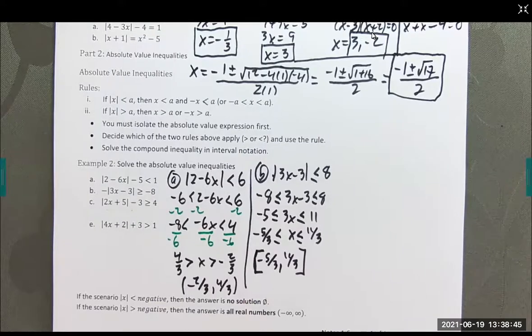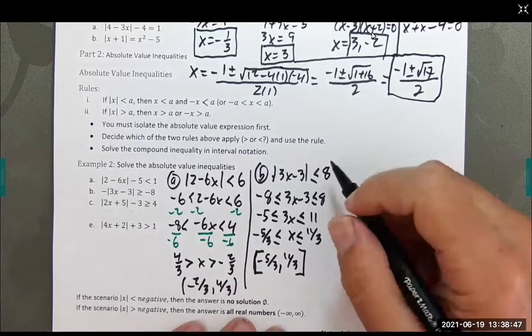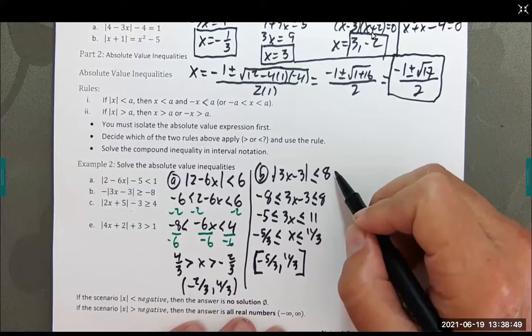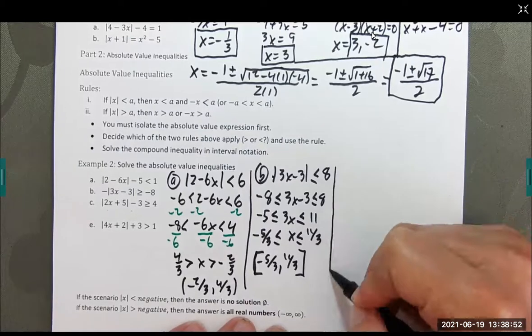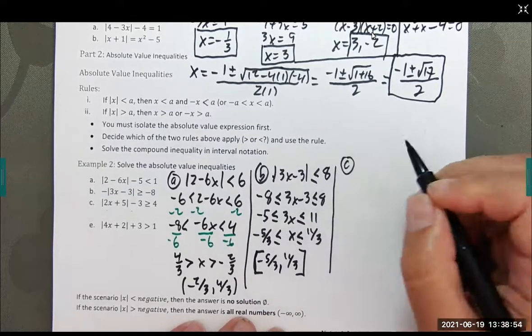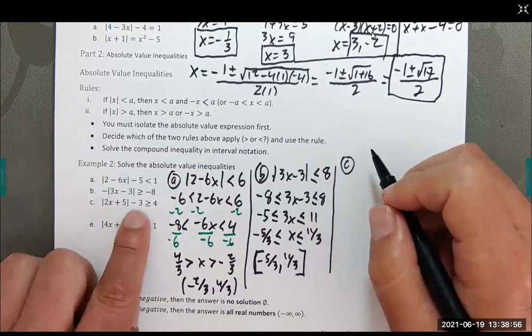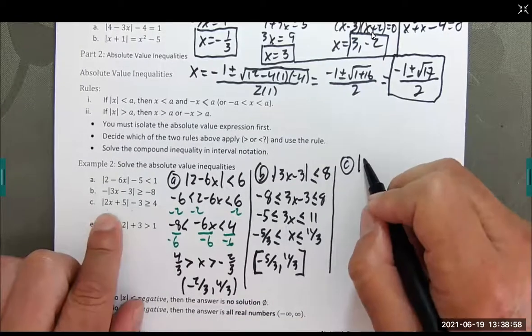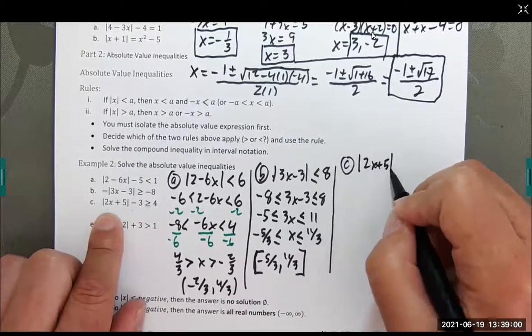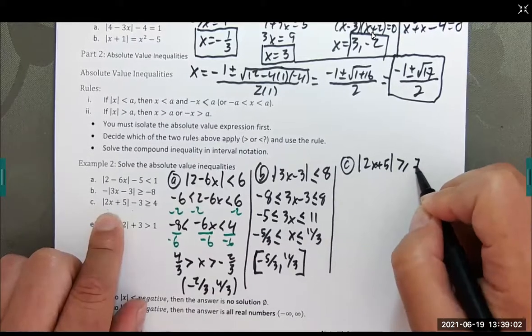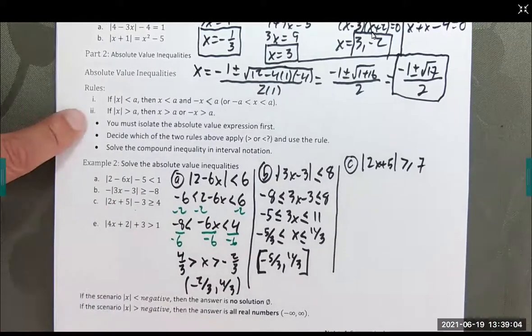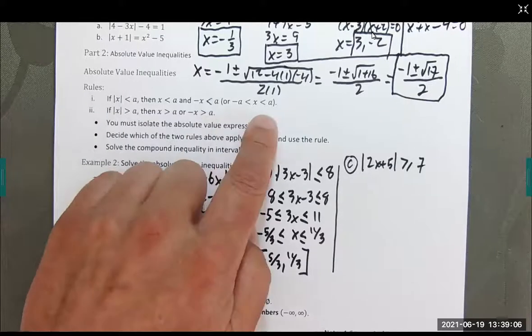All right. Part C. I'm going to go ahead and add that 3 to the other side. Now we're at the second case here, where we can't do our little negative and positive trick.